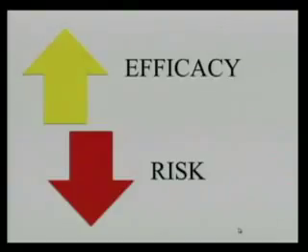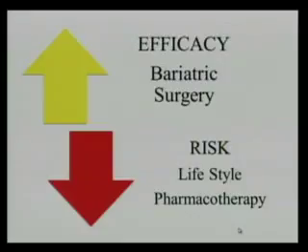In order to think about filling this gap, we are looking for an intervention that has high efficacy but low risk. We know that bariatric surgery is the most efficacious procedure. However, it has a high risk, while lifestyle and pharmacotherapy have a low risk, but they are not as effective.